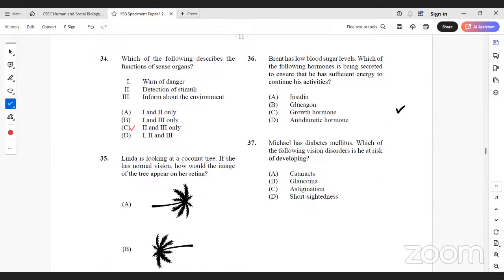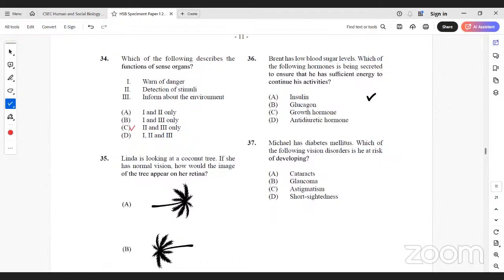Brent has low blood sugar levels. Which of the following hormones is being secreted to ensure that he has sufficient energy to continue his activities? He needs to have sufficient energy to continue his activities. What are we thinking for question 36?